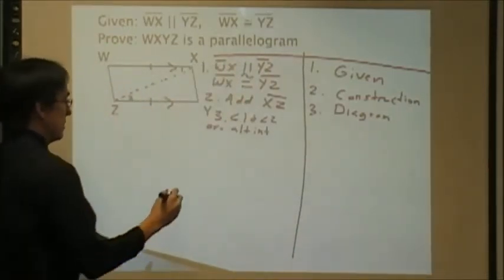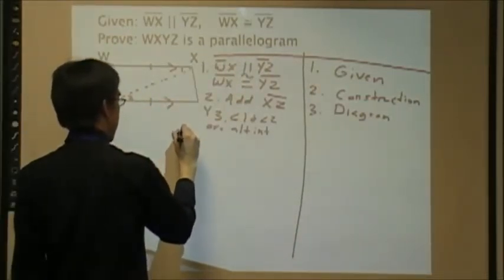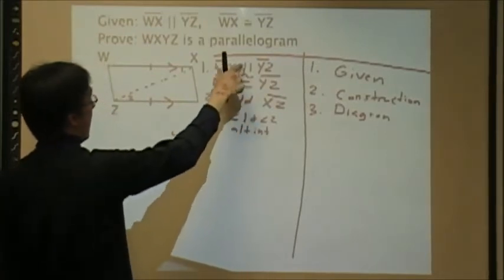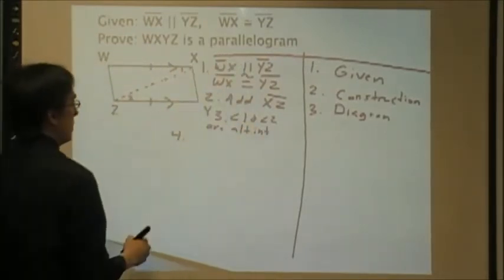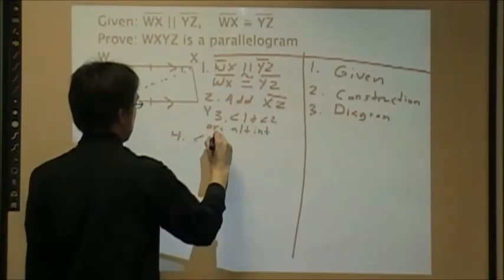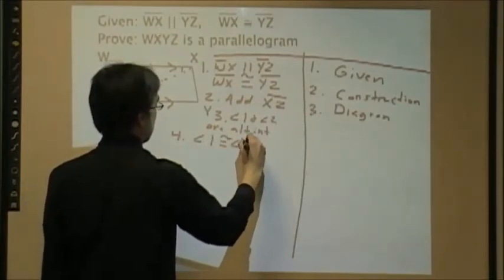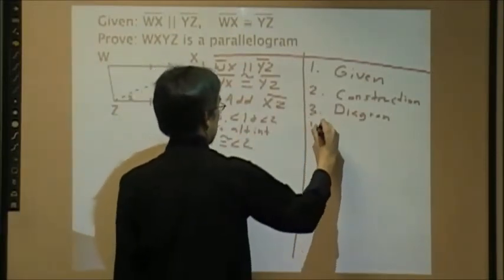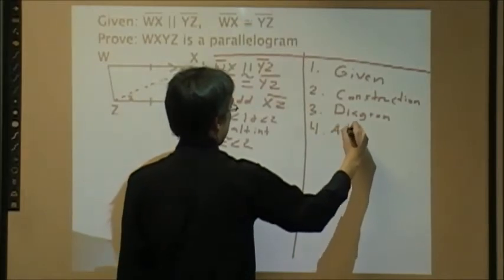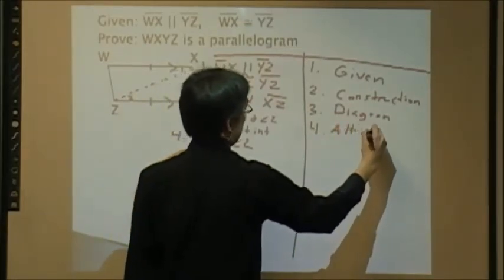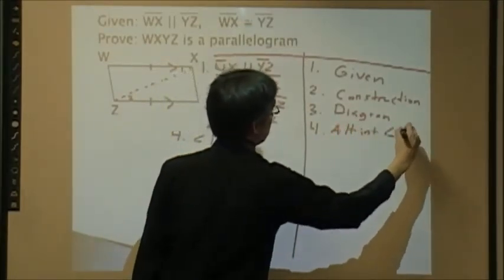And then, if they're alternate interior and we have parallel lines, then we know angle 1 is congruent to angle 2 by alternate interior angle congruence.